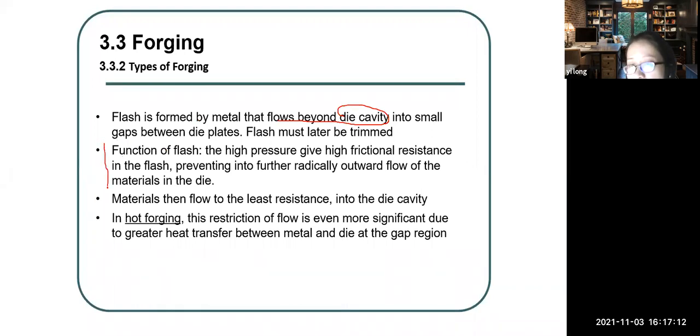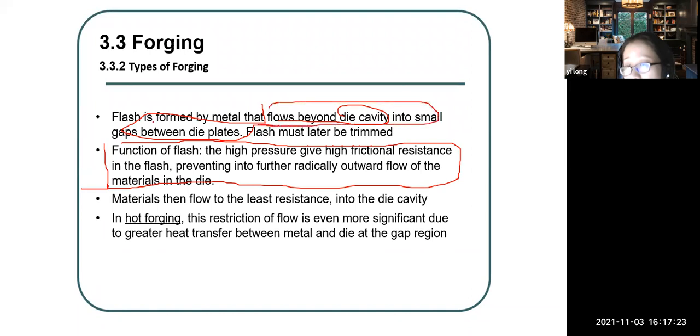Actually, if you use this answer, it's good enough already. Maybe add this: flash is formed by the metal that flows beyond the die cavity into the small gap between the die plates, and the high pressure gives high frictional resistance in the flash.